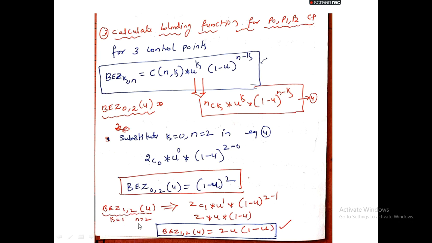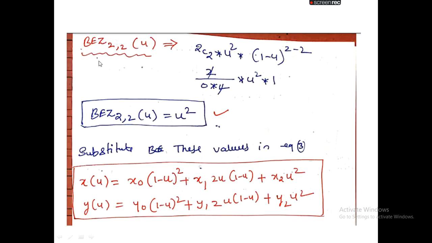Then I calculated the blending function for 1, 2, that is 2 into u into 1 minus u. So this is the blending function for 1, 2.